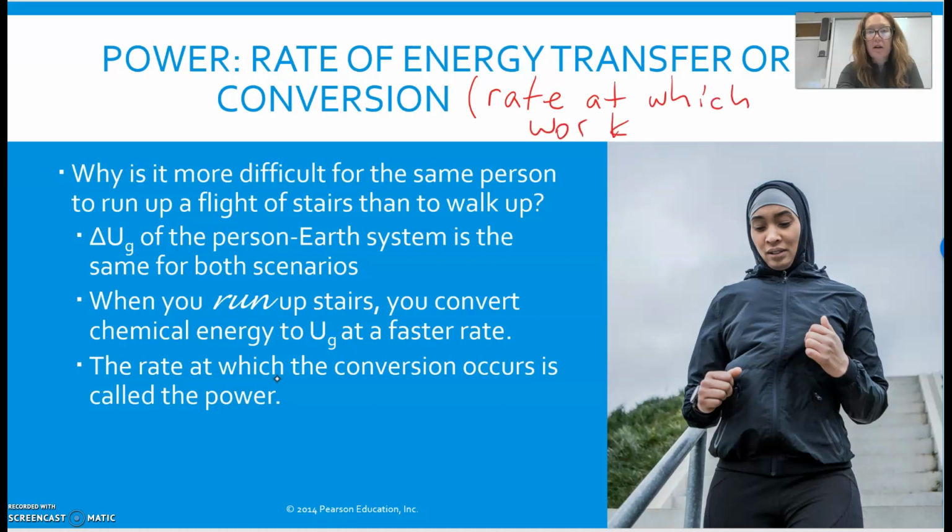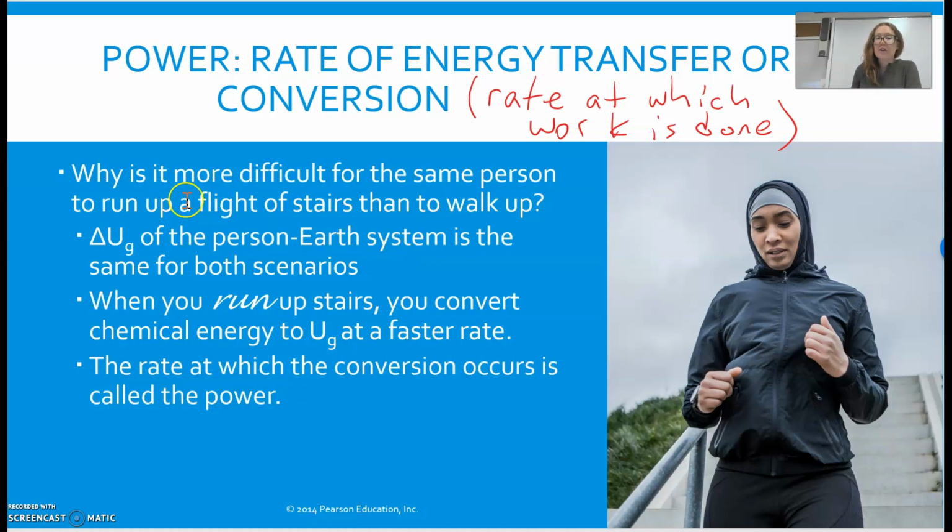So we would say that getting work done faster in a physics sense is describing a more powerful system. That's why running up the stairs is considered an example of greater power than walking up the same stairs at a slower rate.